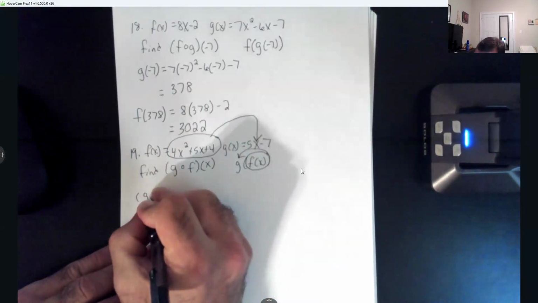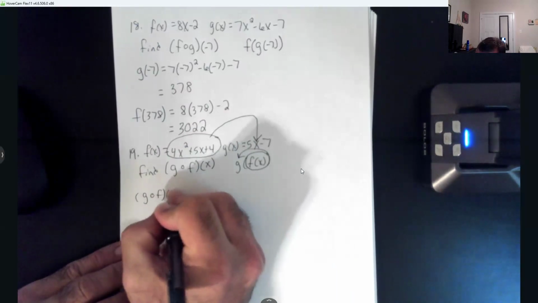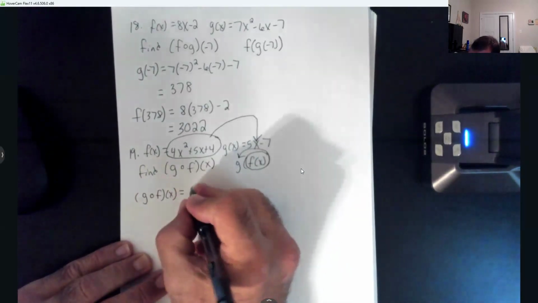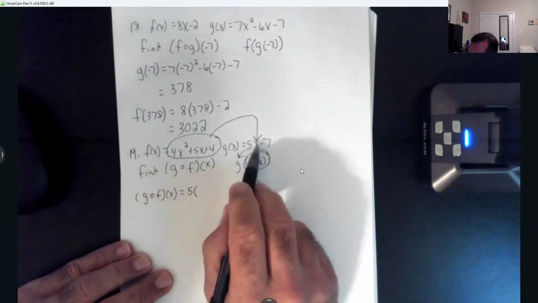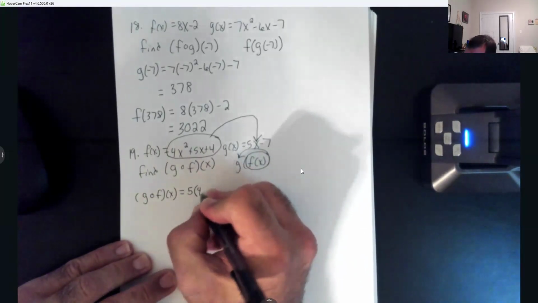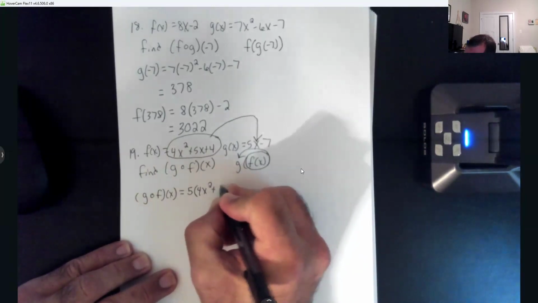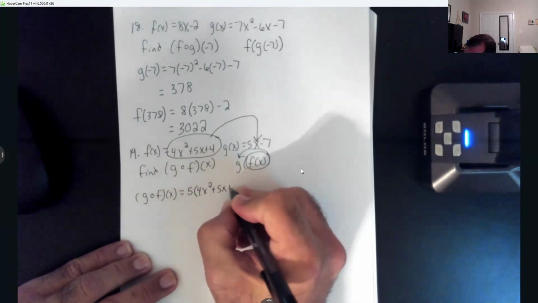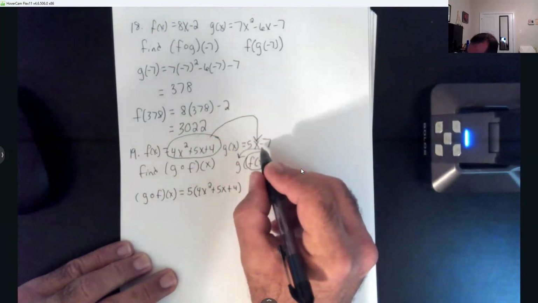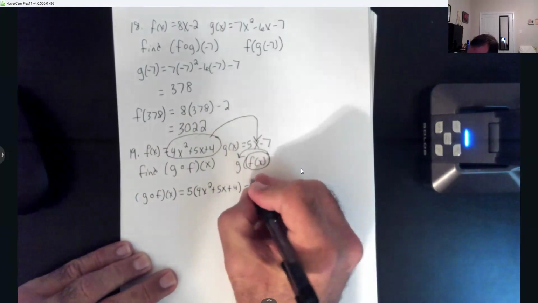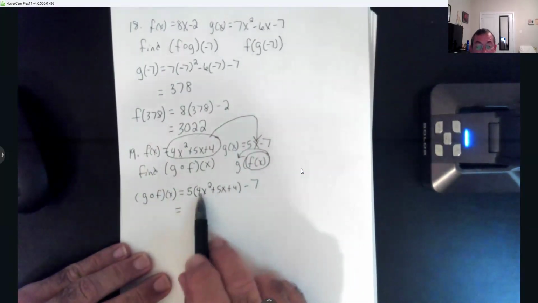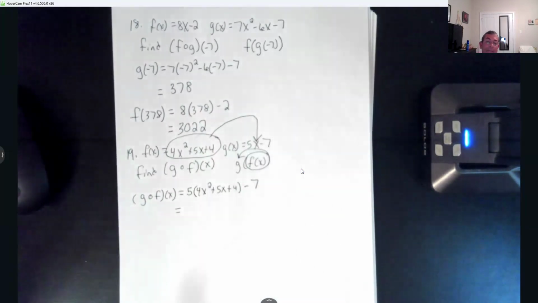So g composed f of x is going to be 5 times x. Well, x is now 4x squared plus 5x plus 4. So all of that went in for x, and then I got minus 7. So it still looks like g, 5x minus 7, okay?